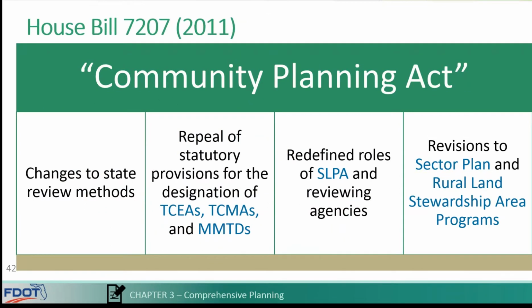Now, in addition to the changes that have just been identified, other changes include revisions to the state review process for comprehensive plans and plan amendments, repeal of statutory authority regarding designation of transportation concurrency exception areas, transportation concurrency management areas, and multimodal transportation districts. Other changes include a redefining of the roles of the State Land Planning Agency and other state agencies such as FDOT, and revisions to the sector plan and rural land stewardship area programs.